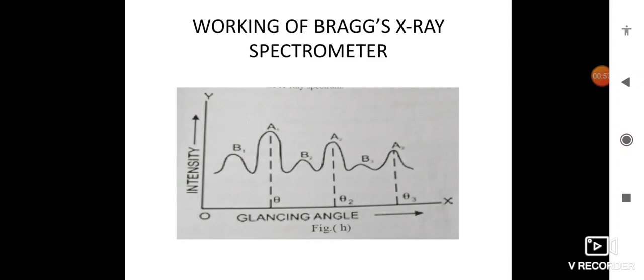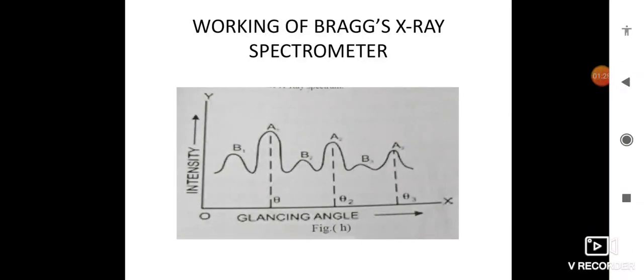From the figure we can observe that peaks A1, A2, A3 refer to X-rays of wavelength lambda 1, and the other peaks B1, B2, B3 refer to the wavelength lambda 2, with glancing angles theta 1, theta 2, theta 3 corresponding to peaks A1, A2, A3.